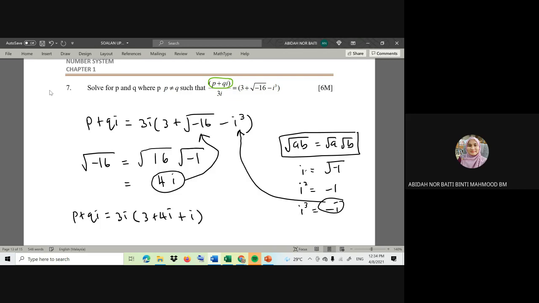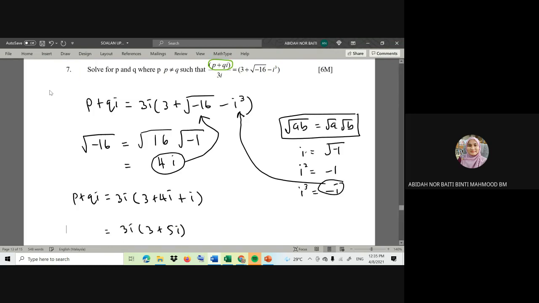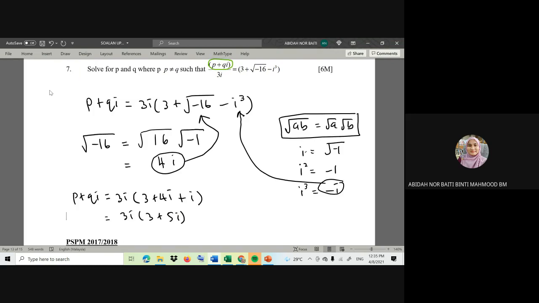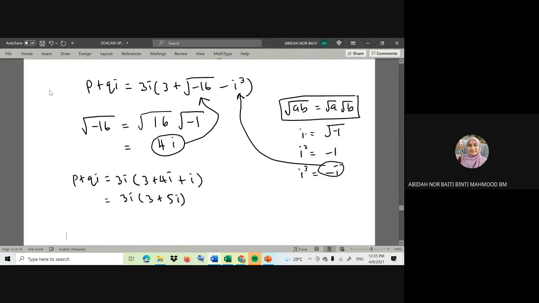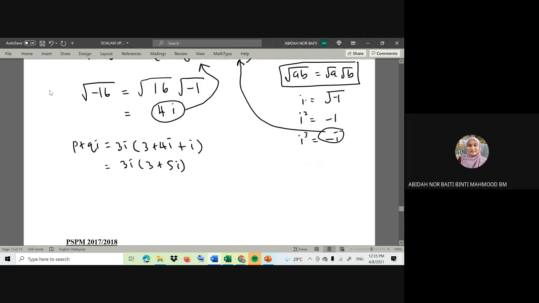Positive i. Boleh? Boleh, madam. So 4i plus i is 5i. Okay? And then expand. Ni dah tak ada masalah lah. Rasanya ni dah boleh buat dah.